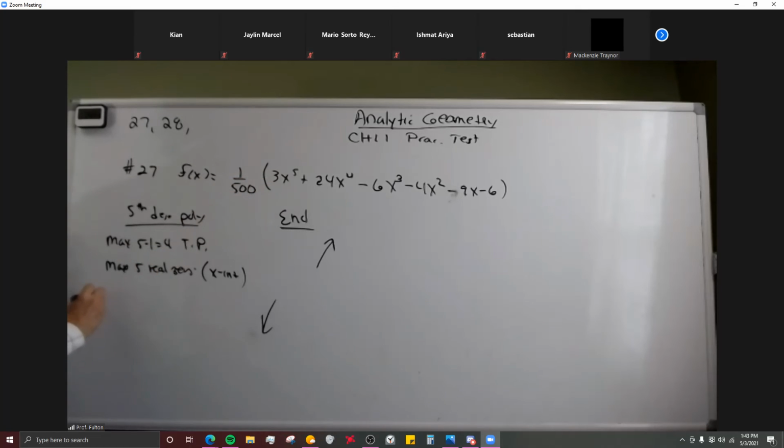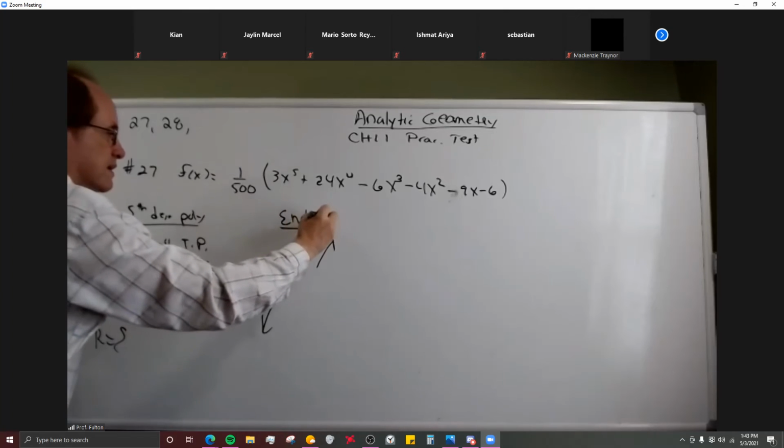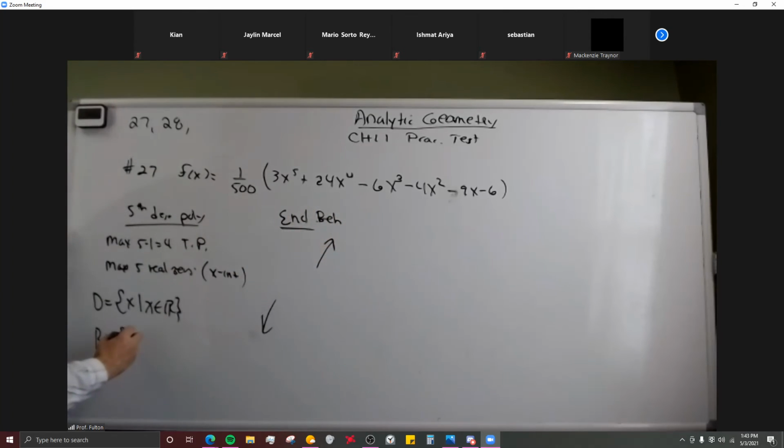So the domain is x is any real number. The range is also, anytime it's an odd, it's going to plus or minus infinity. So the y is any real number. So that's the easy part. What we'd like to do is see if we can find those zeros, and then we'll see those turning points come up.